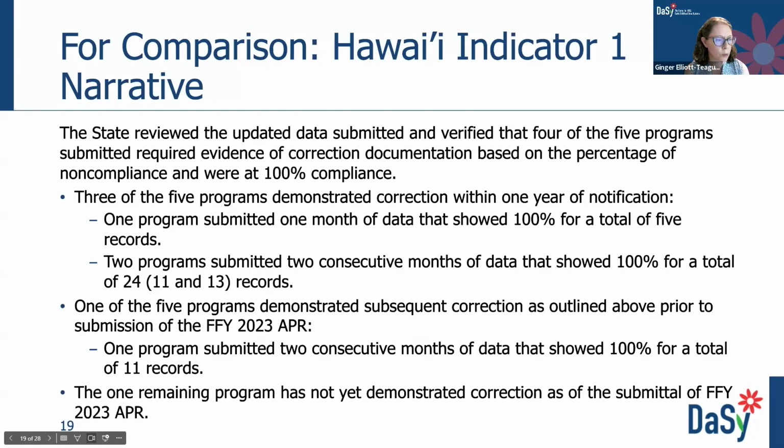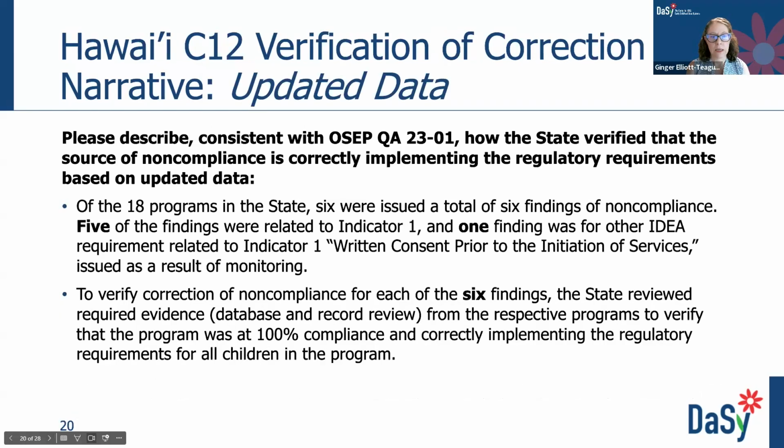So how did they report this in 12? On the next slide, you can see that they started by summarizing those 5 findings. Of the 18 programs in the state, 6 were issued a total of 6 findings of noncompliance. Remember, 1 of those 6 was a related requirement finding about written consent.